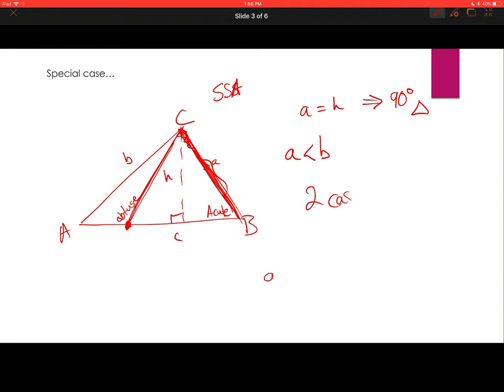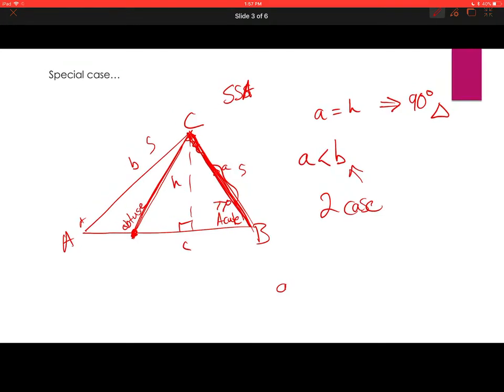So what you need to keep in the back of your mind is that this possibly has two cases when A is less than B. So you have an angle, and then a side, and then another side. When you have an angle and a side, if A is shorter than B, then you've got a possibility of 2 cases coming out.